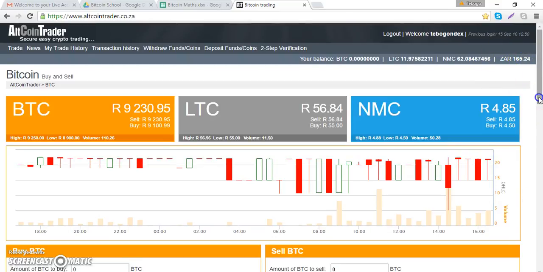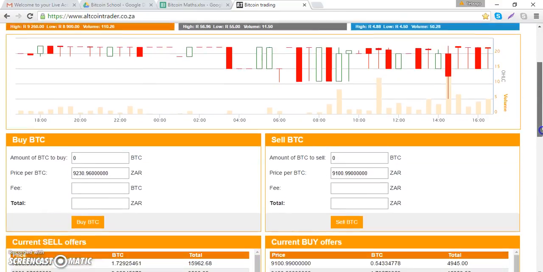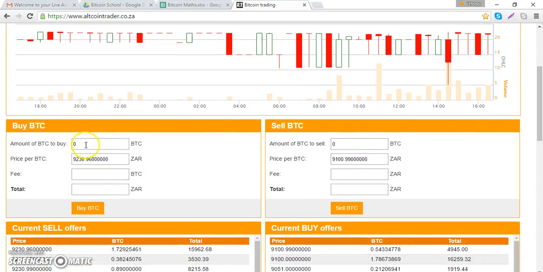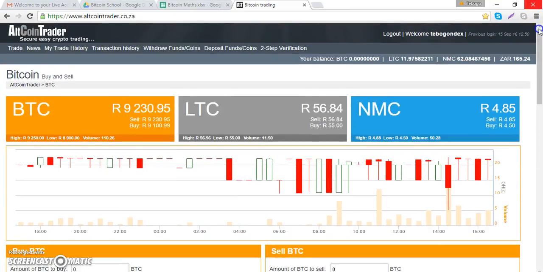It's simply saying how many pieces of Bitcoins do you need. You see that the number starts with a 0, meaning, remember we said our Bitcoins are written in this format. So if they say the amount of Bitcoins that you want to buy, they're referring to something like this.